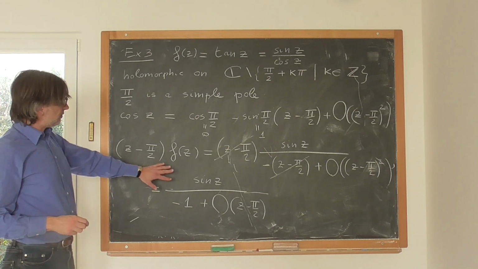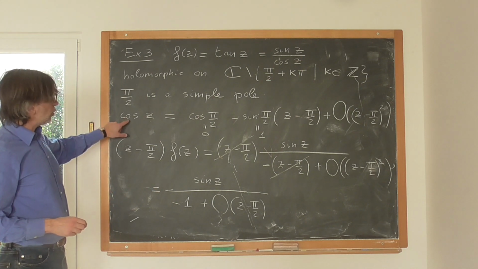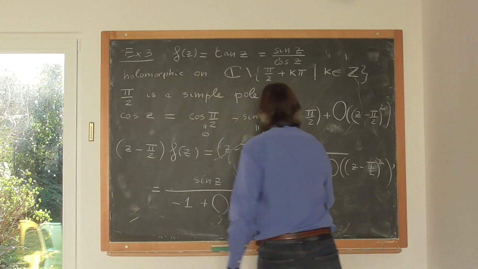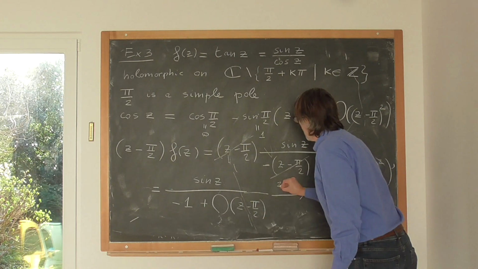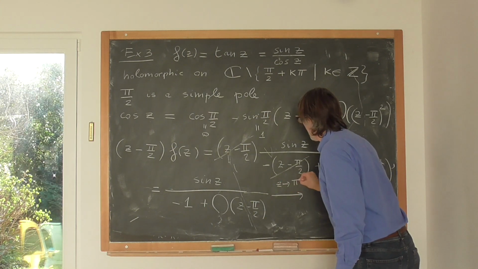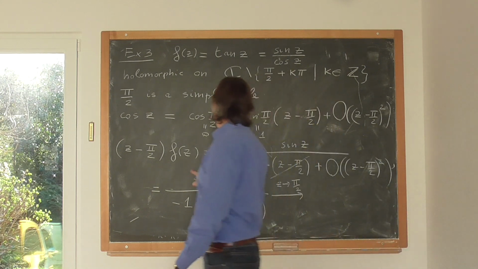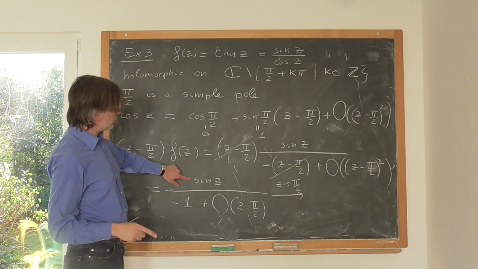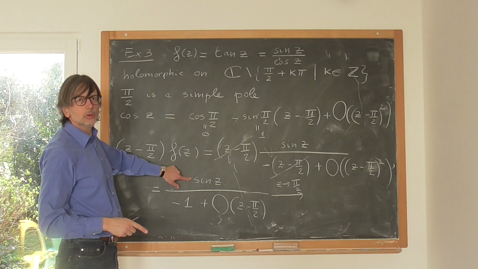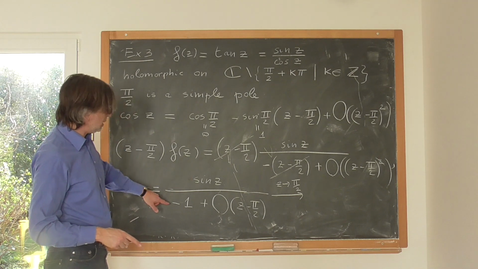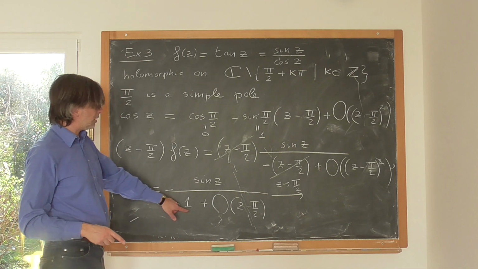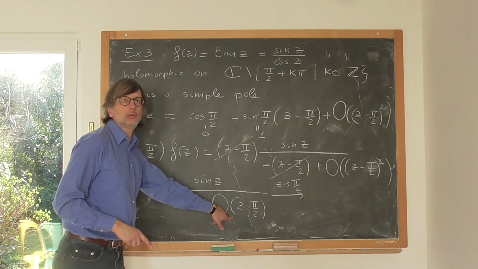And when z converges to pi half, the numerator converges to sine of pi half, so to 1, and the denominator converges to minus 1, because here we have something which goes to 0.